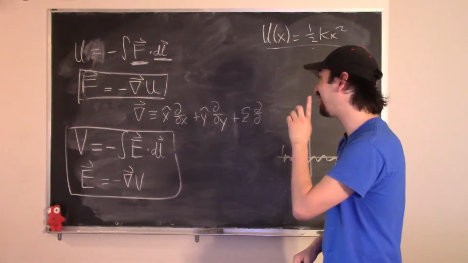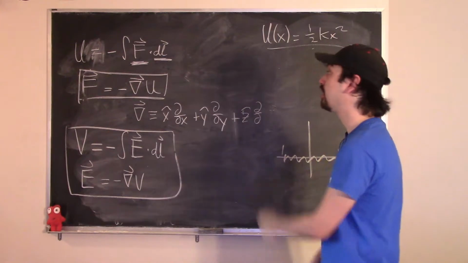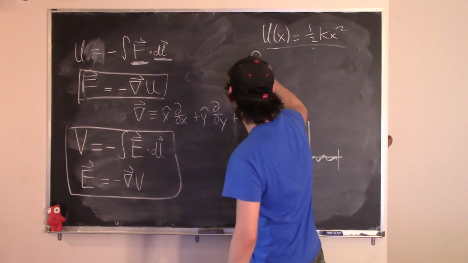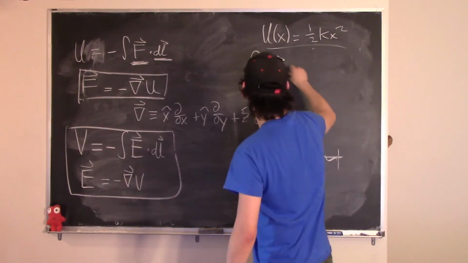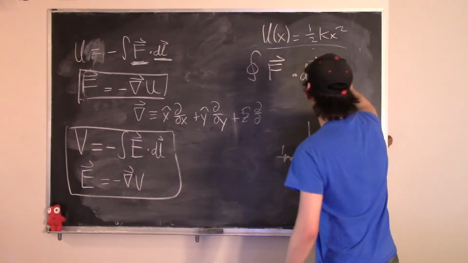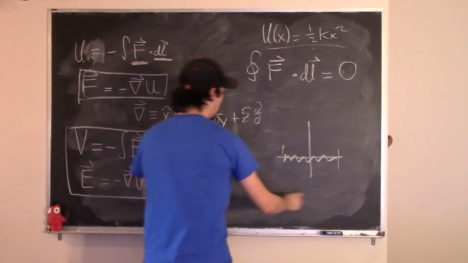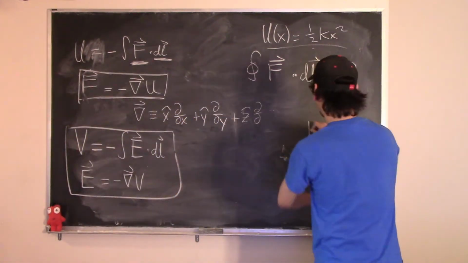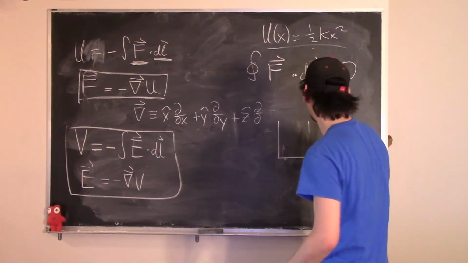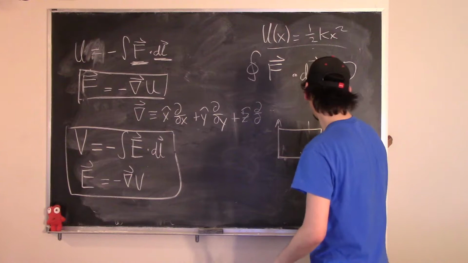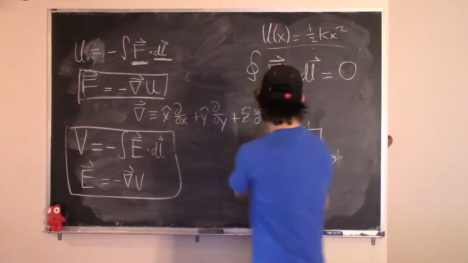But the thing that will guarantee that that's true is if the integral around a closed loop of F dot dl is equal to 0. So this is to say that if I have some force and I bring it around some path, but I bring it all the way back.